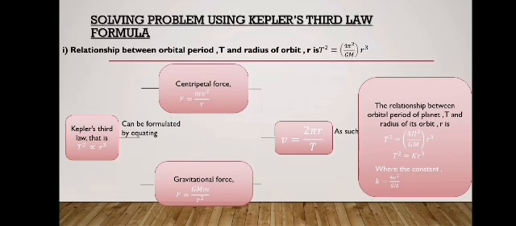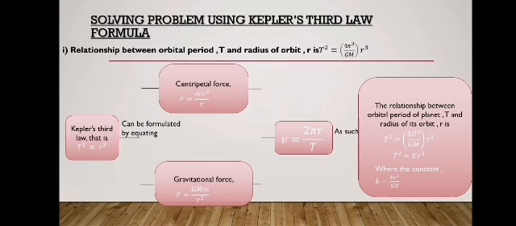The gravitational force formula is F equals G capital M m over R squared. G is the gravitational constant, and capital M is the mass of the Sun. v equals 2 pi R over T is the formula for the linear speed of a planet, where T is the orbital period.